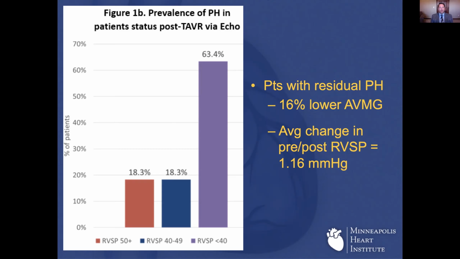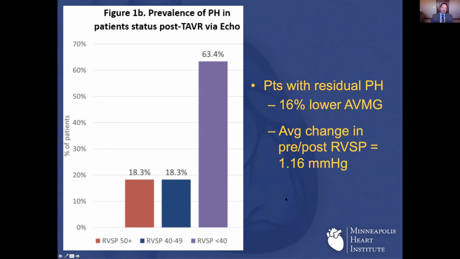When we look at echo data after TAVR, what we see is that the majority of patients have a RVSP less than 40, whereas about 18% have a RVSP between 40 and 49, and then 18% with RVSP greater than 50.